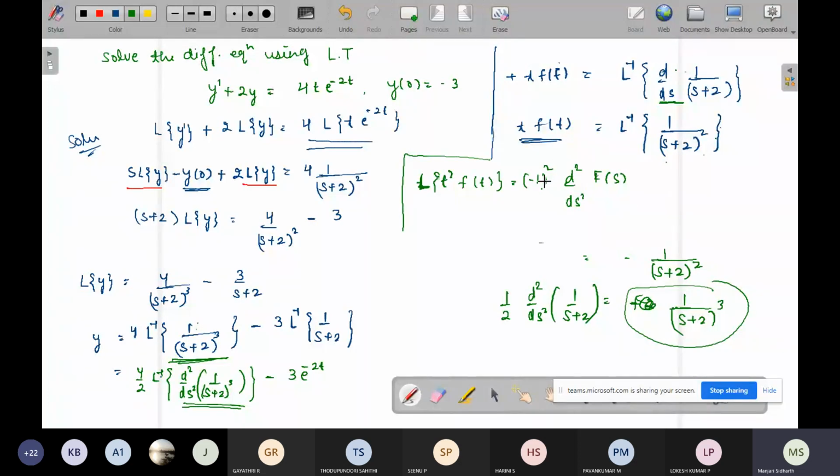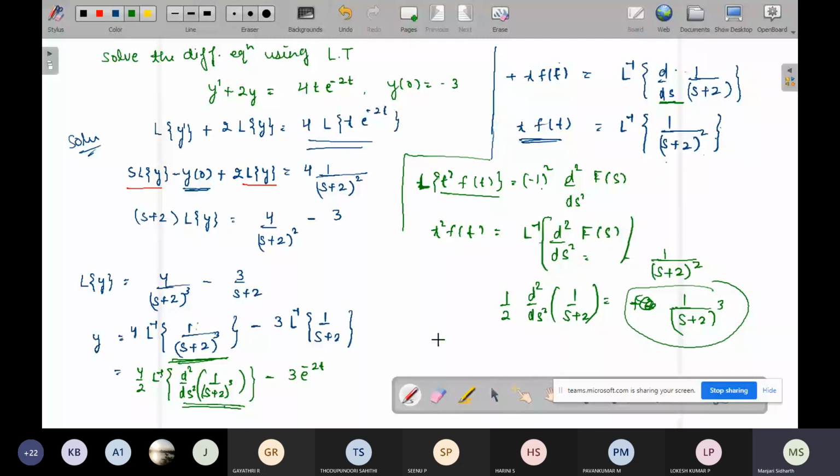Now it is minus 1 power 2, which means positive value. That means t square f(t) is nothing but the Laplace inverse of d2 over ds square F(s). Okay, now here the same d2 over ds square F(s).